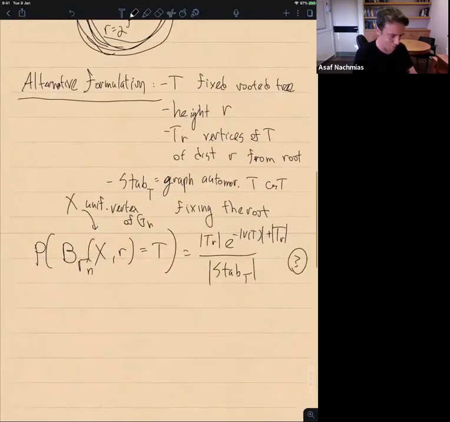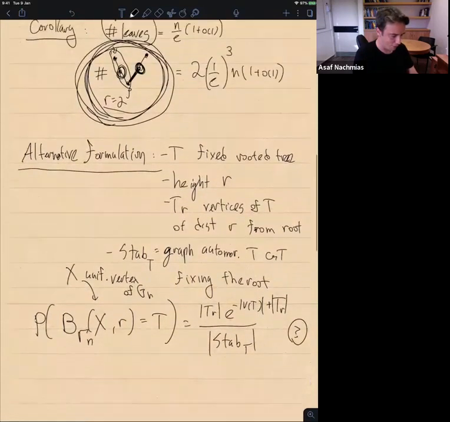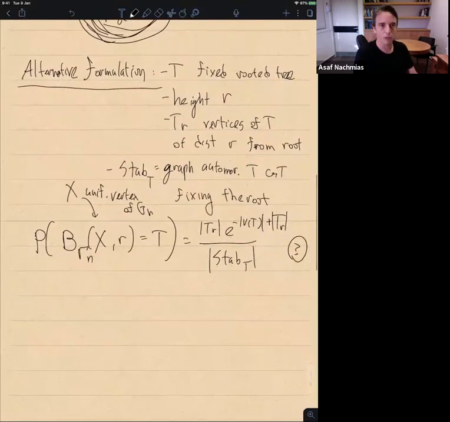I may have made some error either in the calculation or in the formula. It will not matter for what I'm about to show you next. I just wanted to convince you that there's a formula. It turns out that it could be incorrect, but one way or another, I will show you the proof, and the formula will come out.